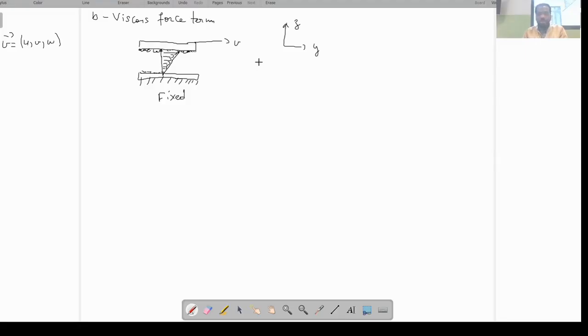So tau, which is the shear stress, is defined as a force per unit surface area. That means the viscous force equals tau times the surface.